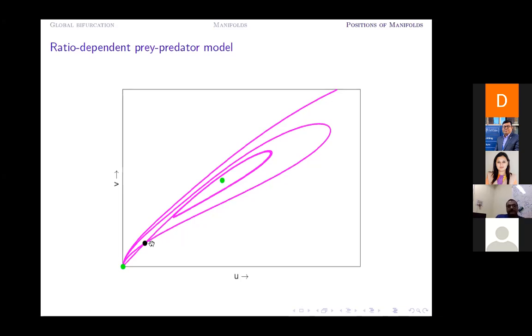But for this problem it is a little bit difficult because eigenvectors cannot be obtained explicitly, as we obtained for the Rosenzweig-MacArthur model with Allee effect, because the components of the equilibrium points for this system are quite complicated. But I am not saying that it cannot be done. It is doable if you have patience, if you can maintain some balance between Mathematica and MATLAB, or Maple and MATLAB.